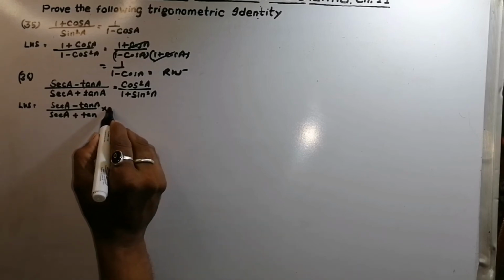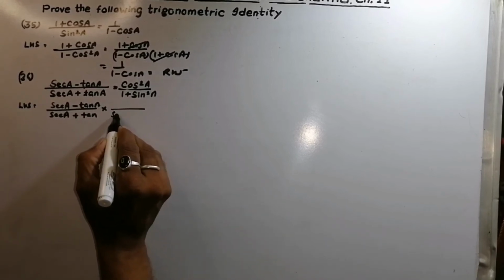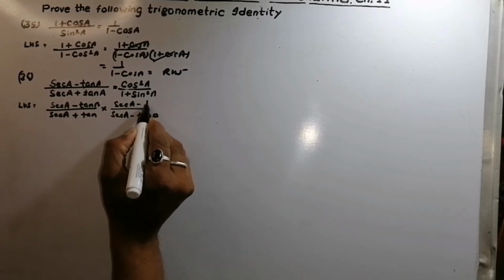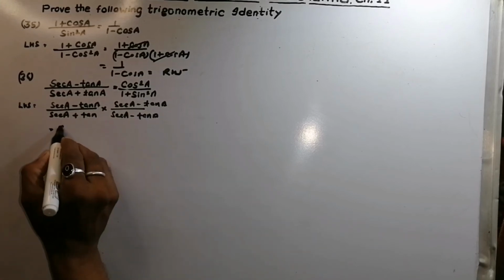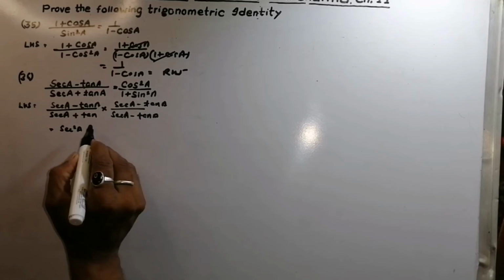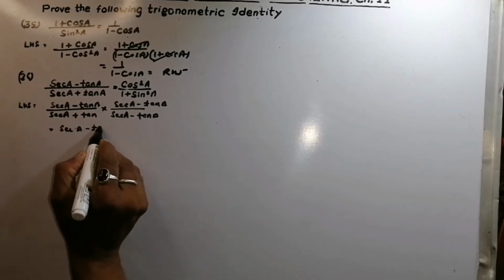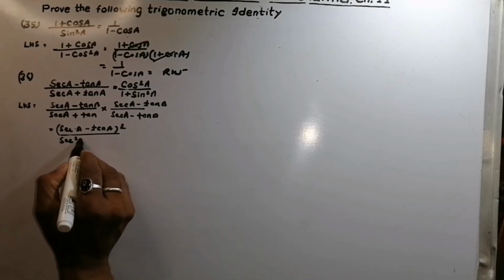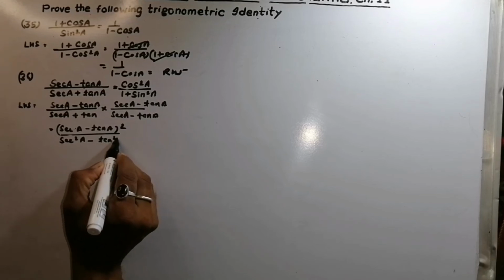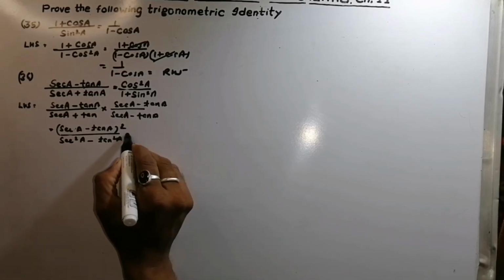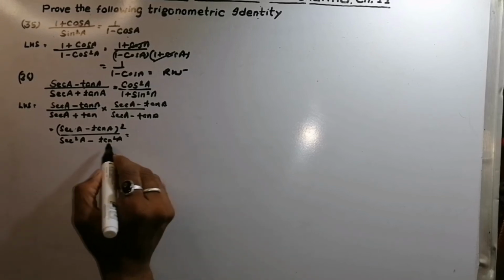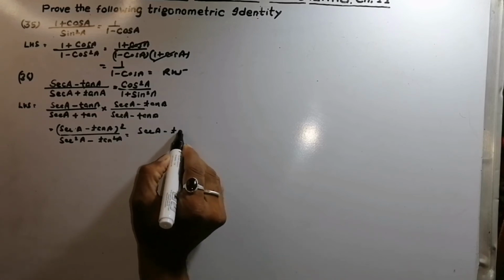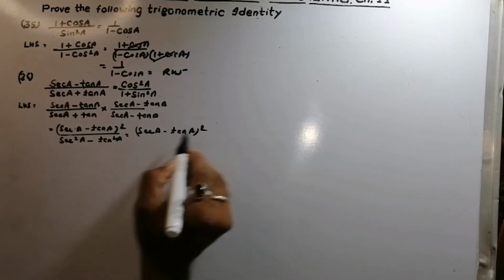Simply we rationalize it by multiplying the opposite of the denominator, means sec a minus tan a. It becomes sec a minus tan a whole square upon sec square a minus tan square a. Because the value of sec square a minus tan square a is equal to 1, we can write simply sec a minus tan a whole square.